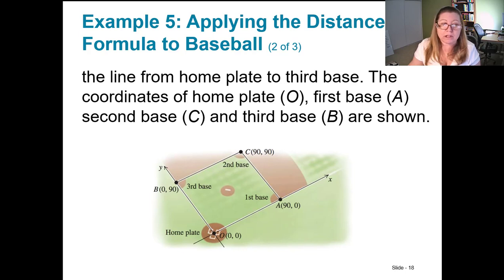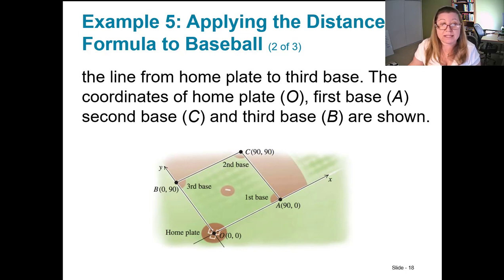We want to know how far it is from third base to first base. If we think of either home plate or C as our third point, it does make a triangle. In fact, it makes an equilateral triangle where first to second and second to third are the same lengths.